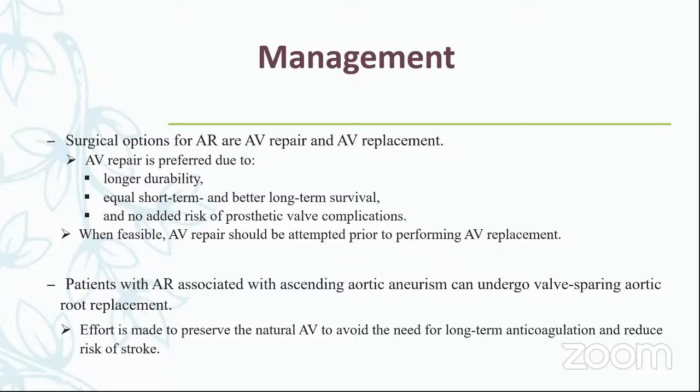So when feasible, aortic valve repair should be attempted prior to performing the replacement. Patients with aortic regurgitation associated with ascending aortic aneurysm can undergo valve-sparing aortic root replacement, and effort is made to preserve the natural aortic valve to avoid the need for long-term anticoagulation and reduce the risk of stroke.